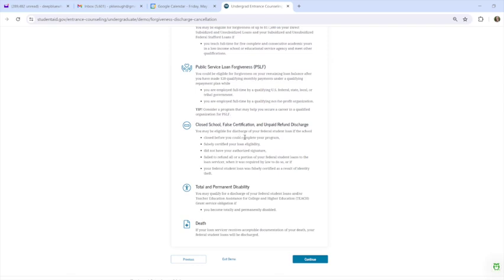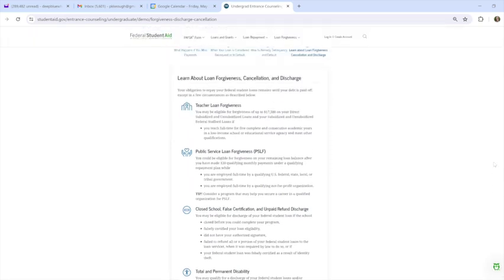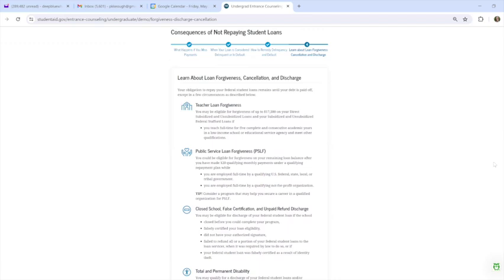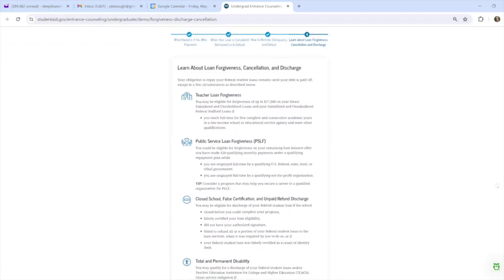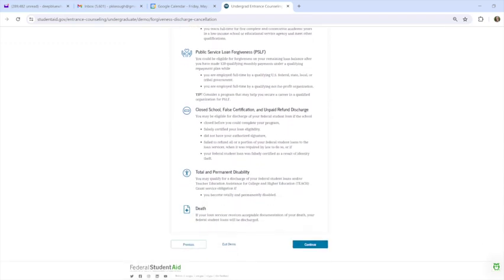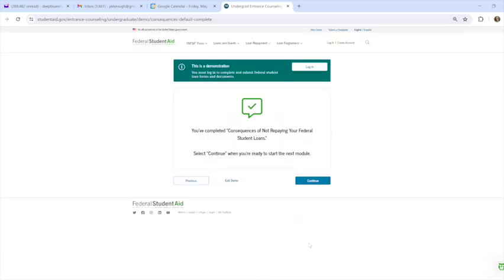Hopefully none of this you will have to deal with, but the first two are dependent on what you end up doing as a career. The other ones are just, life happens. As they said at the beginning here, there's different information about loan forgiveness, cancellation, and discharge of the loan in certain circumstances. This is for federal loans only.